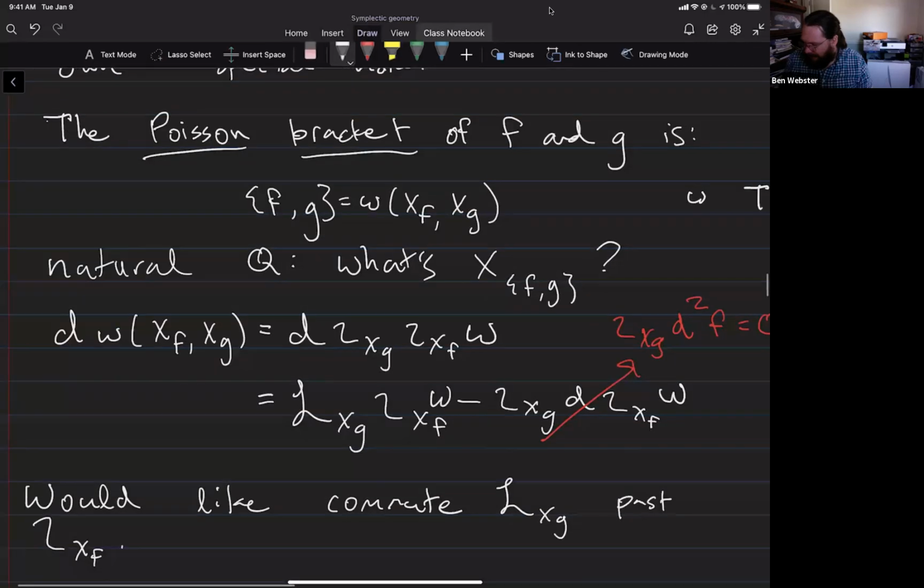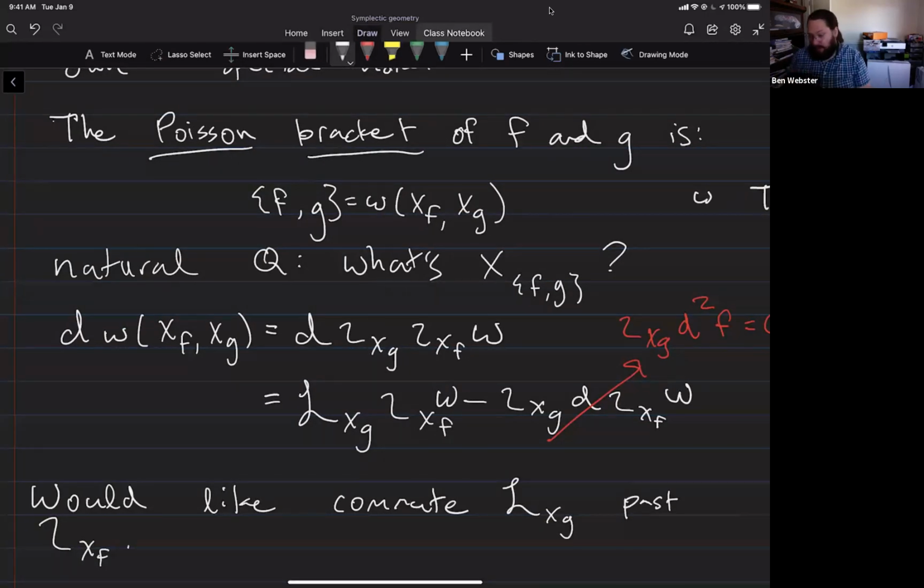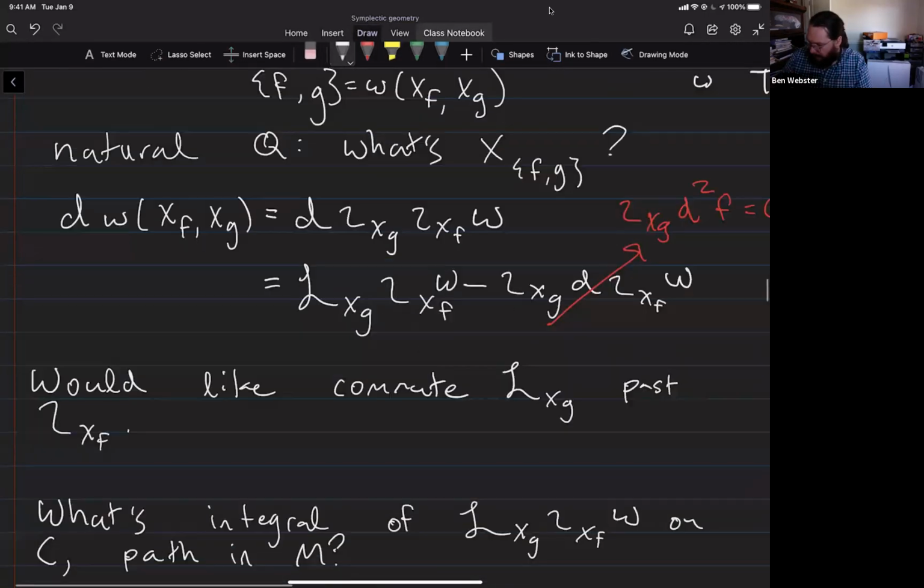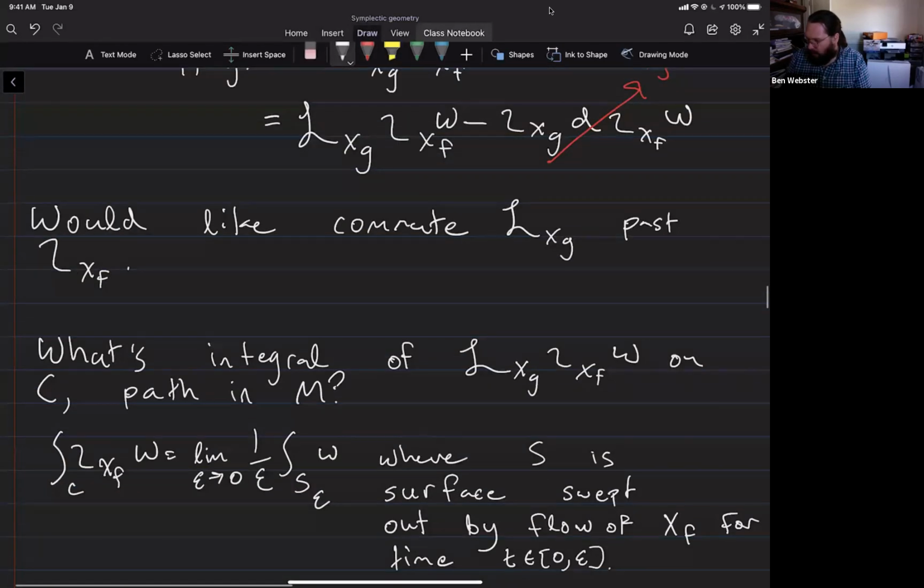So we'd like to think about what happens when you try to commute a Lie derivative past a contraction. What I've always sort of said is you should think about these equations on forms in terms of integrating them against things, right? Forms, by definition, are things you integrate. And as it happens, this is a one form.